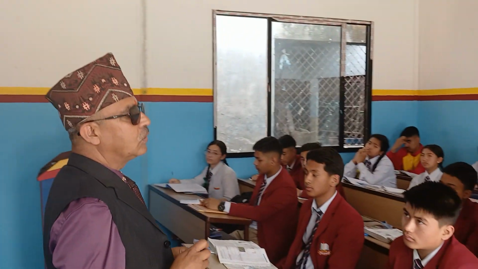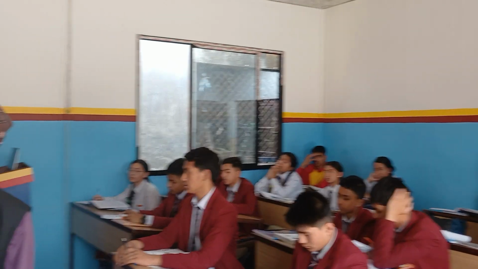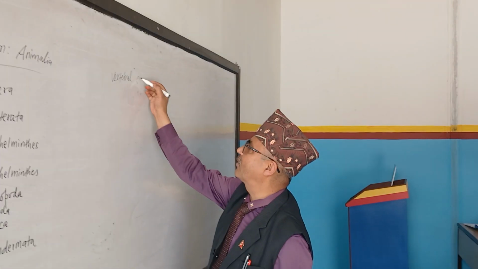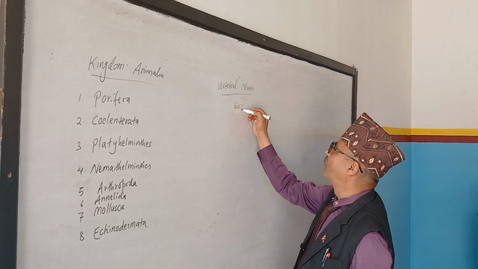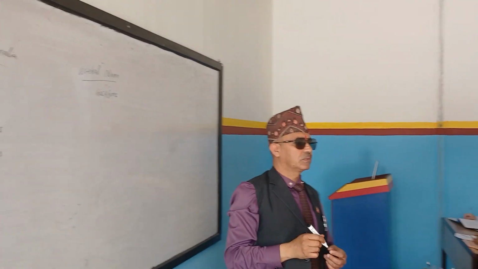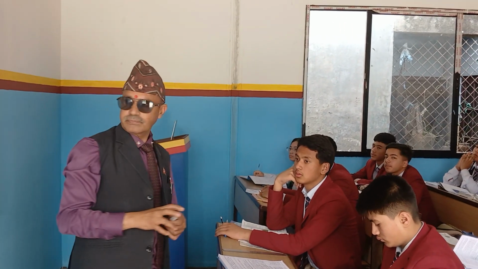Invertebrates means they do not possess backbone or vertebral column. V-E-R-T-E-B-R-A-L, vertebral column or backbone. That means their body is very soft at times, right? They do not contain endoskeleton also, we can say, right?